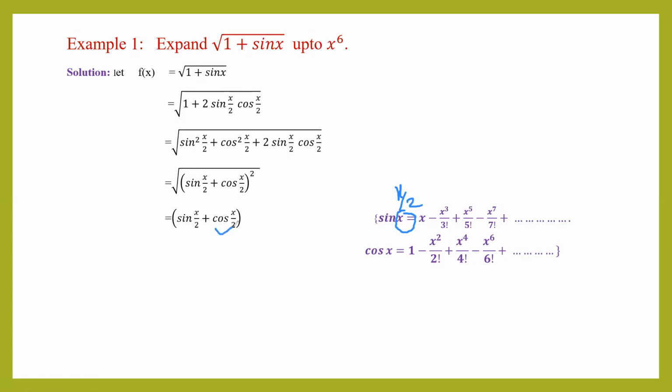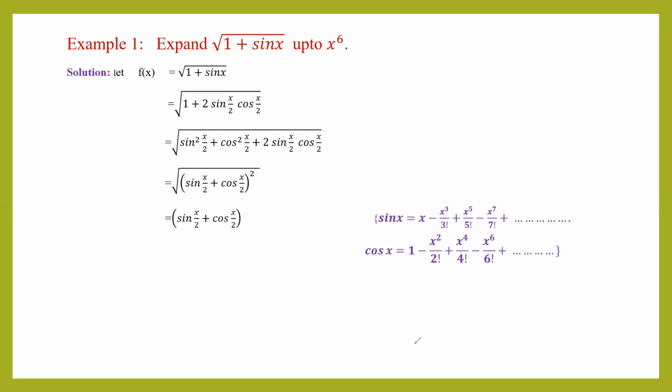To get the expansion of cos x by 2, in this formula of cos x, we have to replace x by x upon 2. Everywhere, wherever there is x, you just replace x by x upon 2 and you will get the expansion of sine x by 2 and cos x by 2.